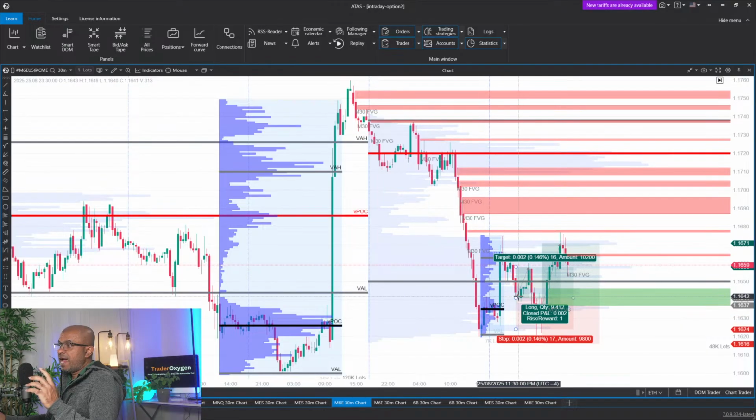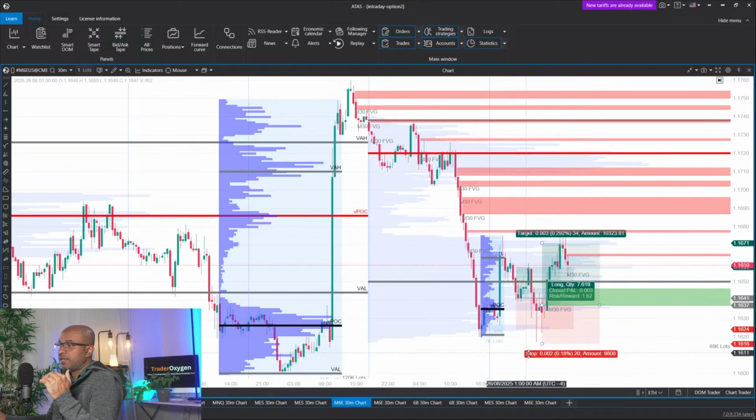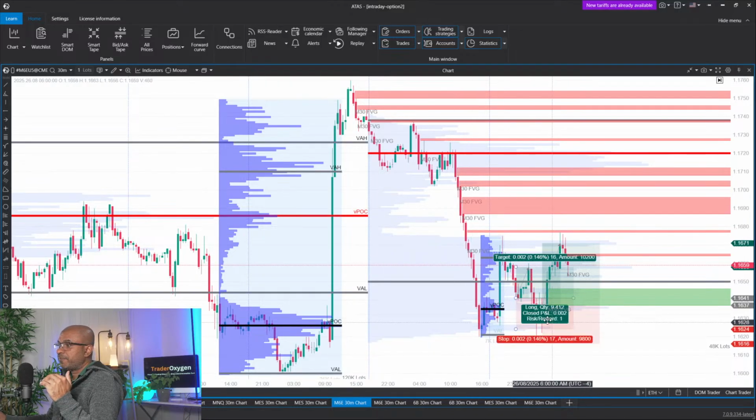Let's say the price could have hit our entry, meaning price could have come here and gone up, but then price could have further come down. There's a possibility because of this strong price movement down.